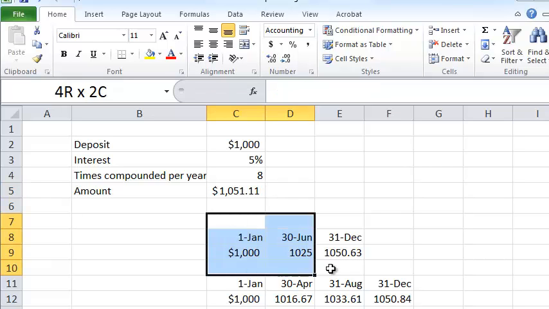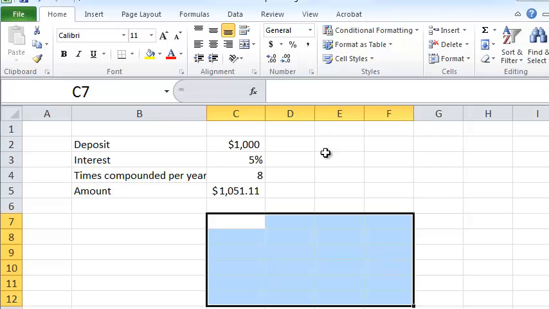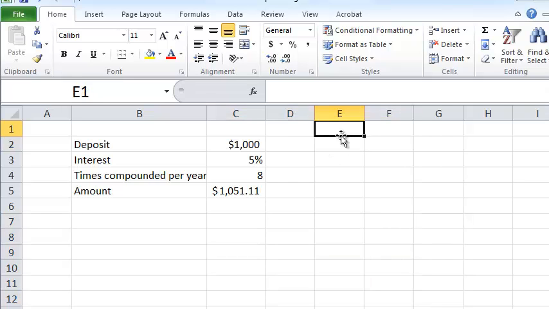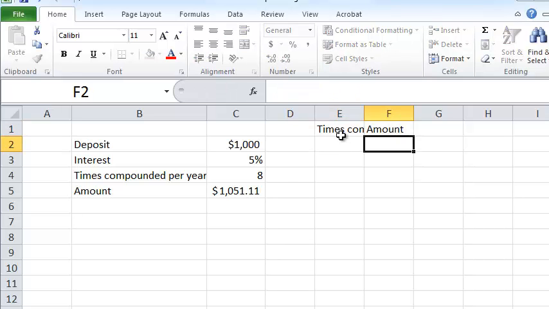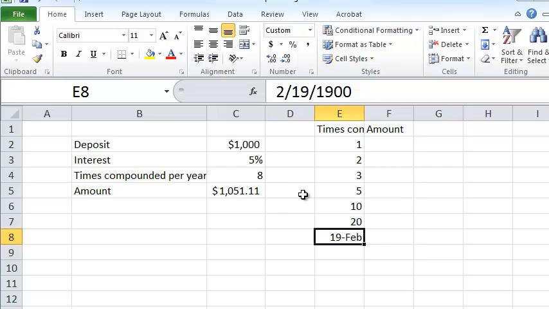So what I'm going to do now is put this in the form of a table. Let's say times compounded, and let's say amount. So if you compound it once, 2 times, 3 times, 5 times, 10 times, 20 times, 50 times. Okay, let's just change the format here.